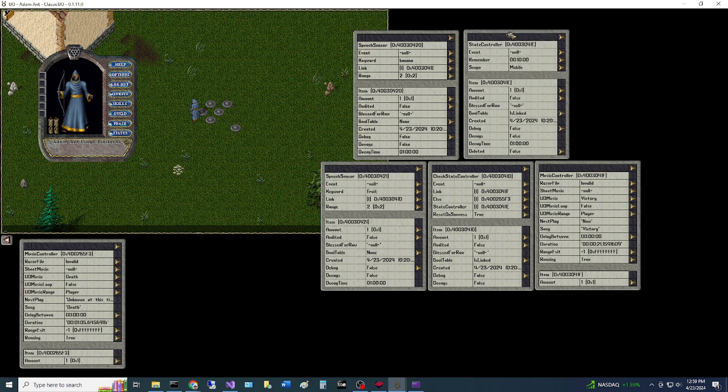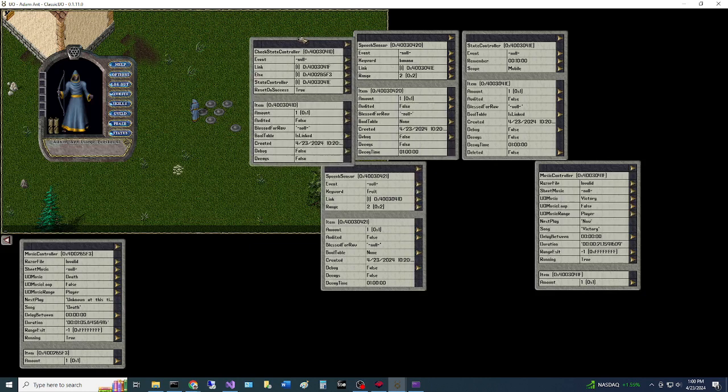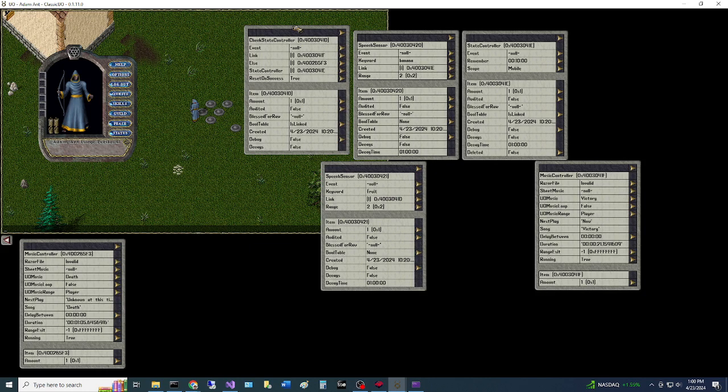The other thing that we have here that you're probably going to want to leave on is the check state controller. It defaults to reset on success. This is because once you get to the final leg of the quest, you've answered all the questions, you've brought all the items, whatever it is you want to do. Let's say you're just supposed to say fruit.